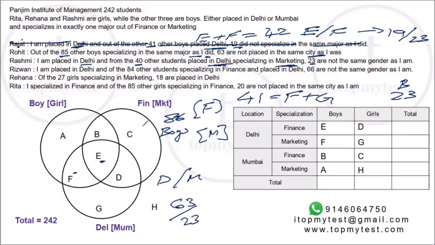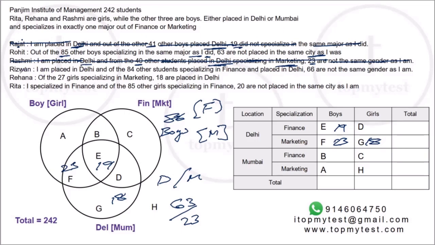Delhi boys marketing will be F. So F is 23, right? F will be 23, which makes E as 19. Now, because F is 23, G will be 41 minus 23, which is 18. Right. So this is also done.